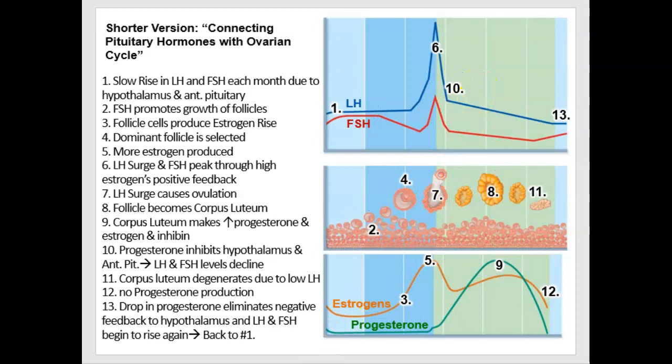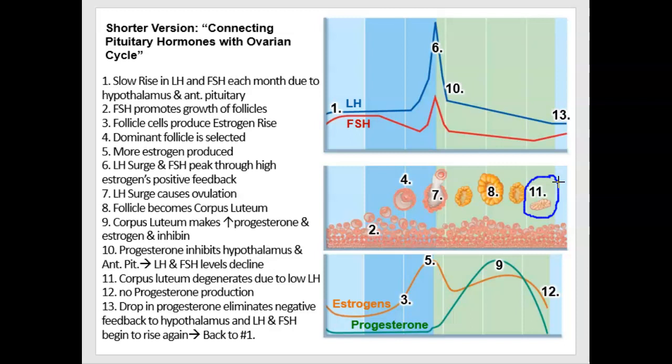With that decline comes the demise of the corpus luteum, and it degenerates into a scar-like structure called the corpus albicans.